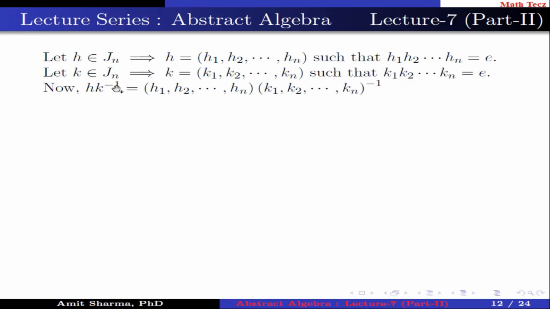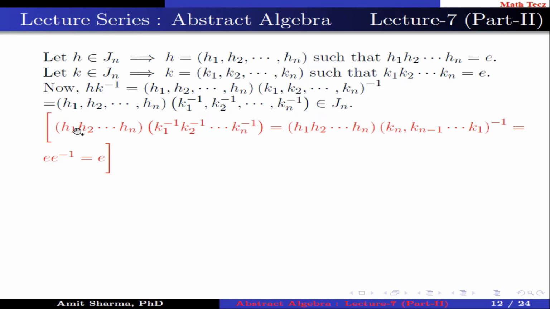Now hk inverse is equal to (h1, h2, up to hn) times (k1 inverse, k2 inverse, up to kn inverse), which belongs to Jn, because the product of h1 h2 hn and k1 inverse k2 inverse up to kn inverse is identity. Implies Jn is a subgroup. Implies option 1 is wrong.